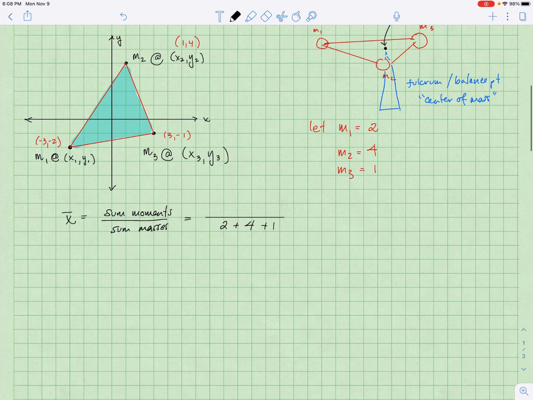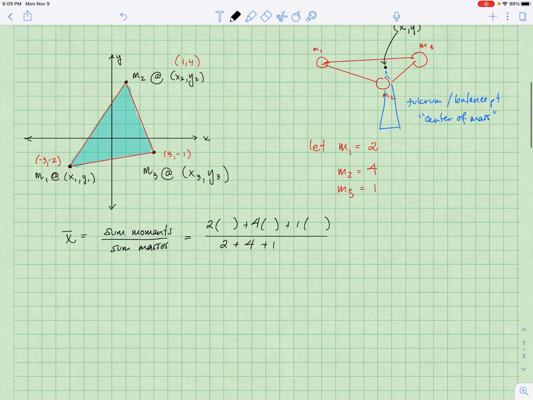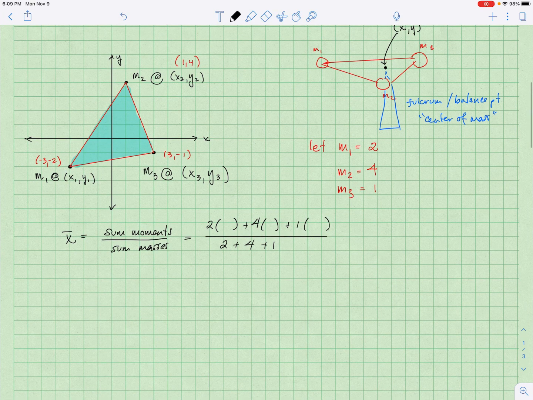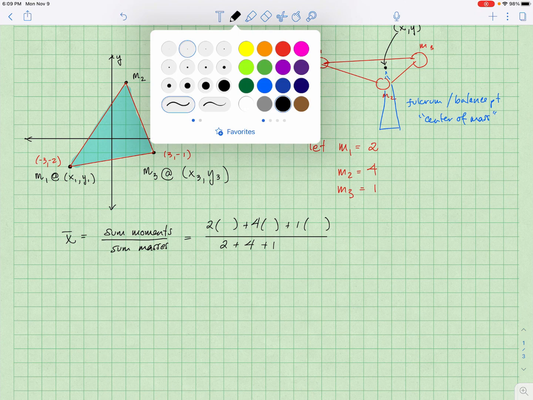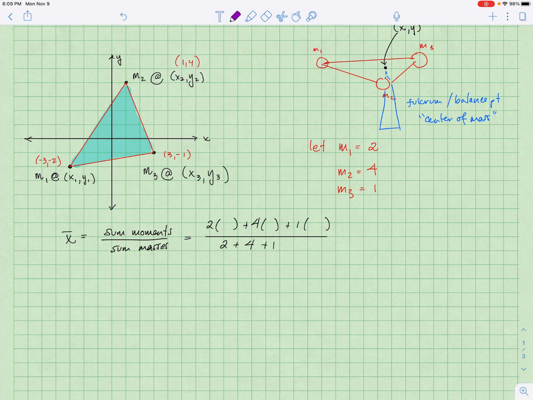As far as the sum of the moments go, that's going to be mass 1 times distance 1 plus mass 2 times distance 2 plus mass 3 times distance 3. Now, since these are x values, we're going to be calculating those distances relative to 0, right?